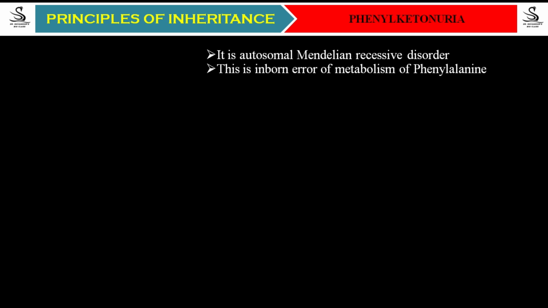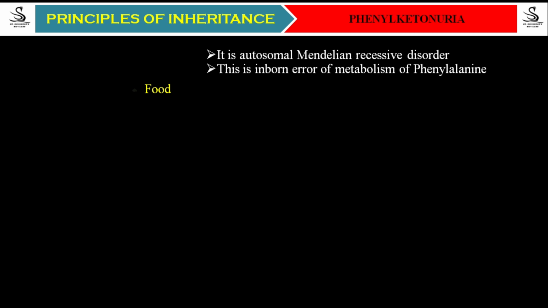Now, to understand it better, first let us understand how the amino acid phenylalanine is metabolized in our body. Then only can we understand the error which occurs in its metabolism. First we will understand the normal metabolism of phenylalanine.